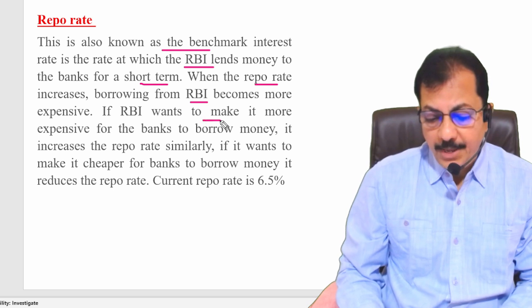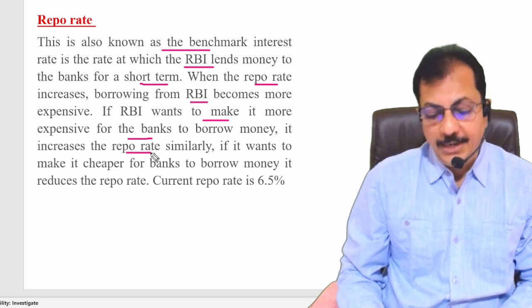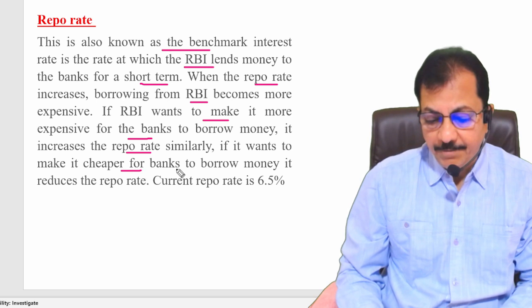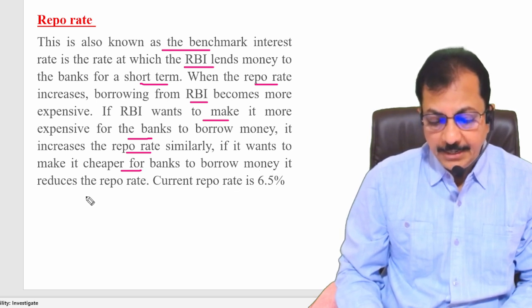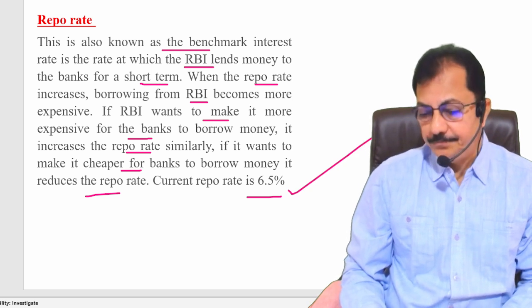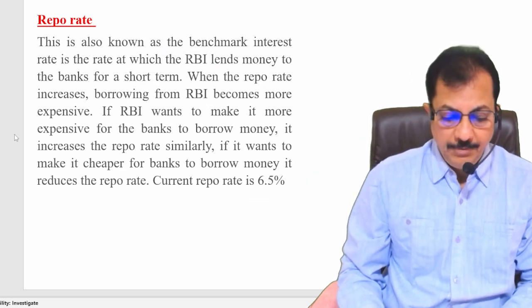If RBI wants to make it more expensive for the banks to borrow money, it will increase the repo rate. Similarly, if it wants to make it cheaper for the banks to borrow money, it can reduce the repo rate, and currently it is 6.5%. So this is what we have already understood. We will be going ahead now.